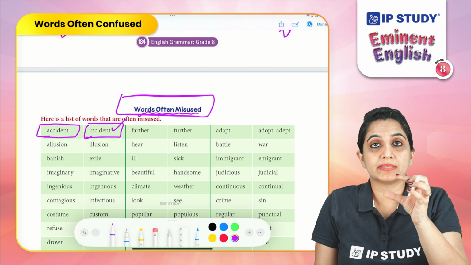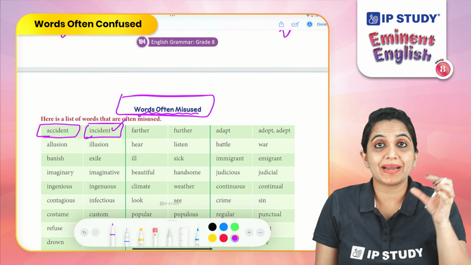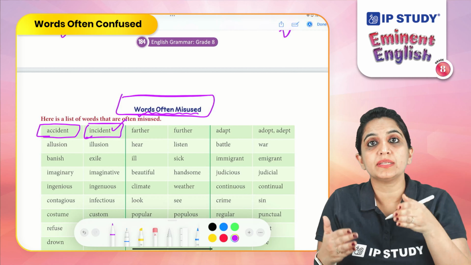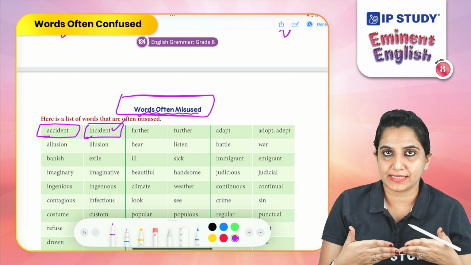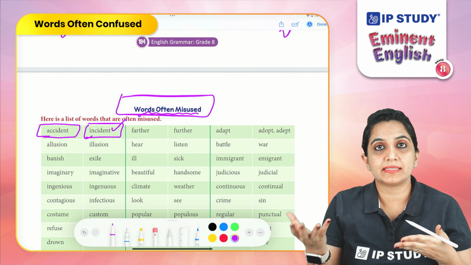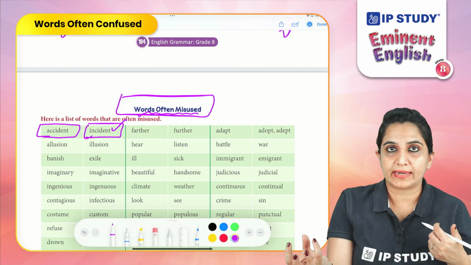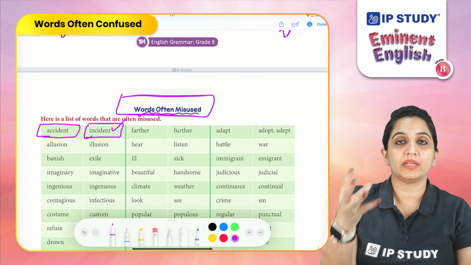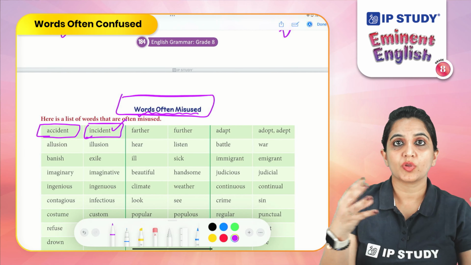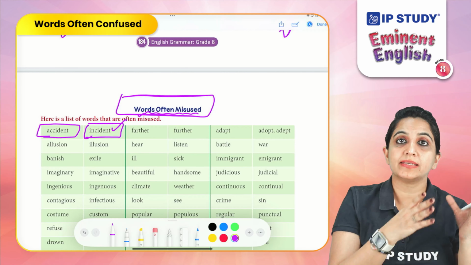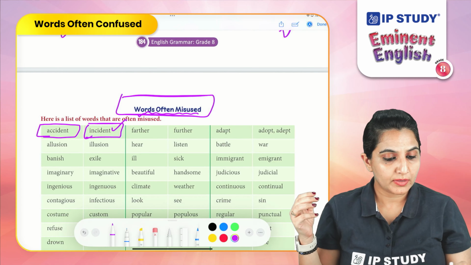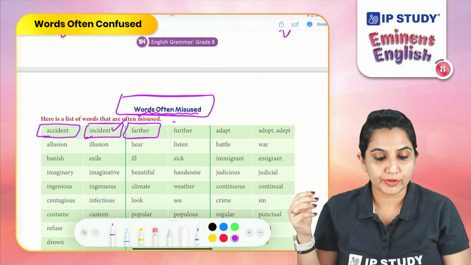It can be a happy incident. But accident is something when something bad turns up. Incident is the event that happened. But accident is when two trucks collided or when two people collided with each other. So that's an accident.